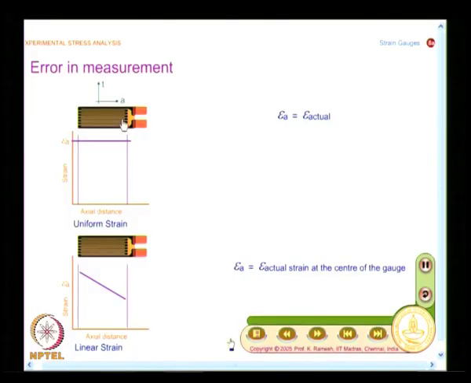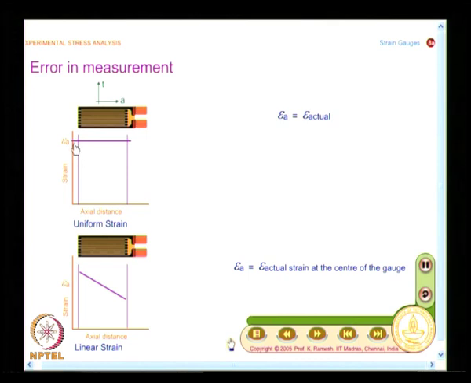Unfortunately, you do not have that kind of material. So, I need to take a wire and make it a grid, because I need some base resistance to make the measurement comfortably. So, I essentially have a grid. When I have a grid like this, the strain variation over the grid is going to affect my measurement.